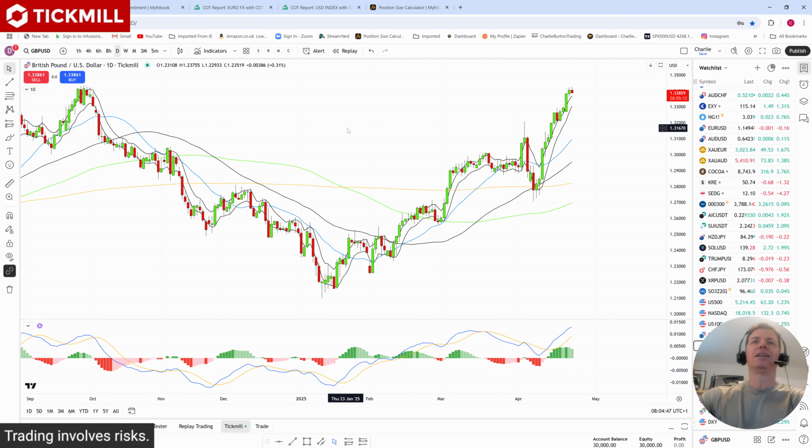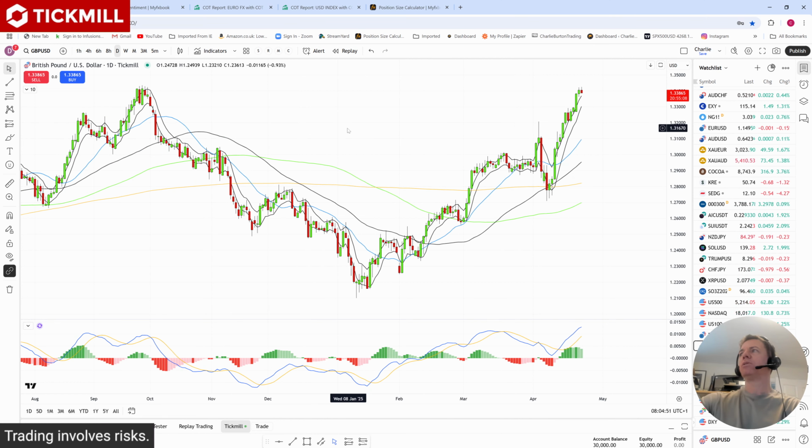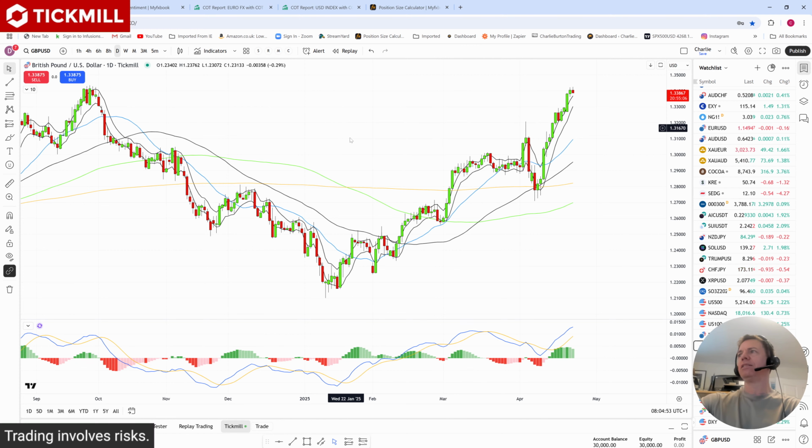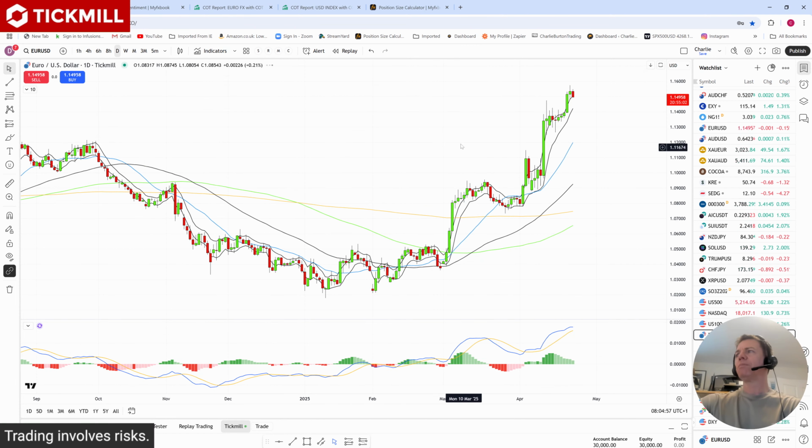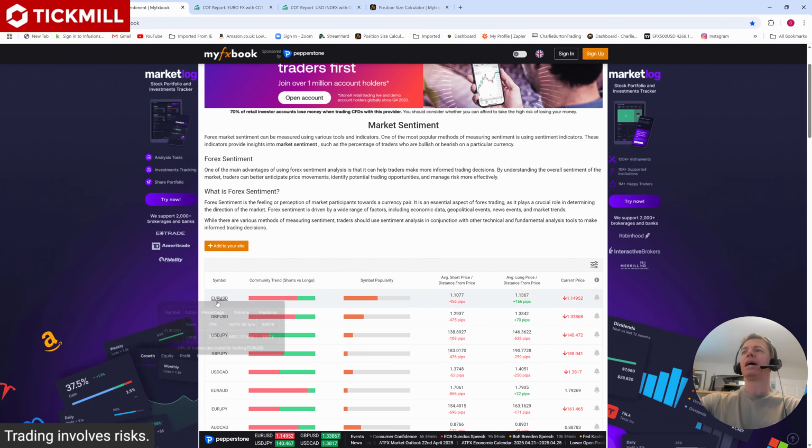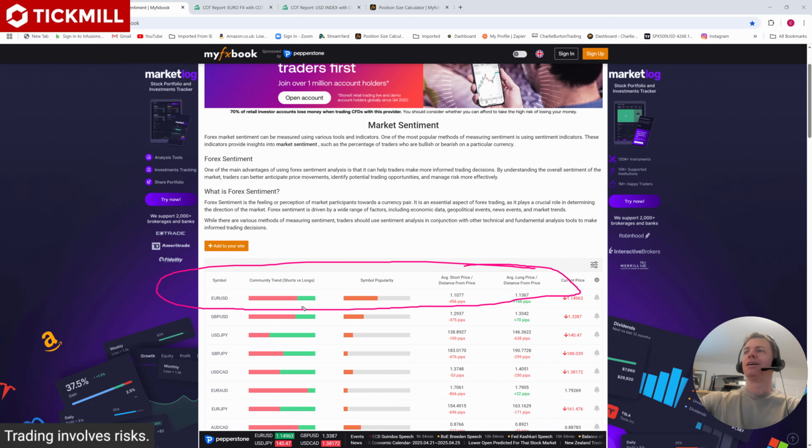Let's be very clear: the trend is up, and these markets are in a very clear upwards trend at the moment. But when it comes to very short-term trading, as an intraday trader, there are always opportunities on either side of the market. We can see what retail are doing here, and they're crazy.